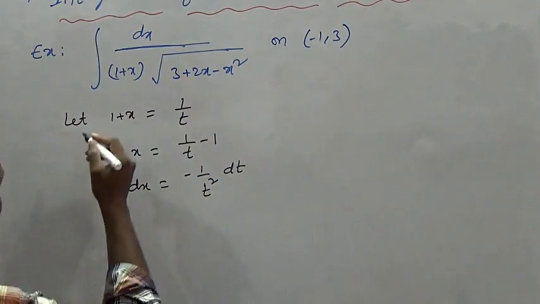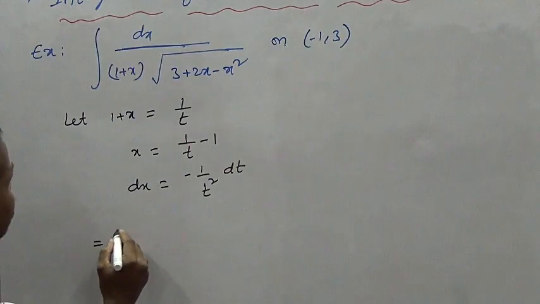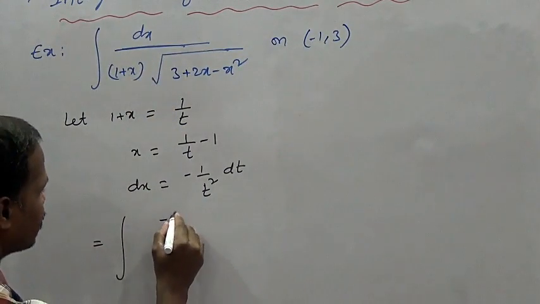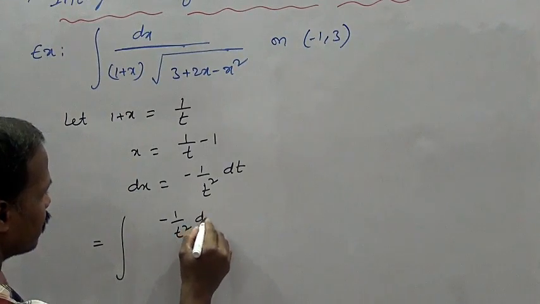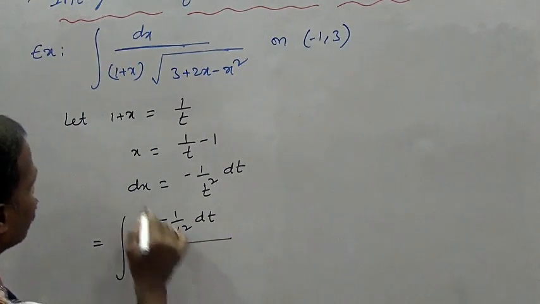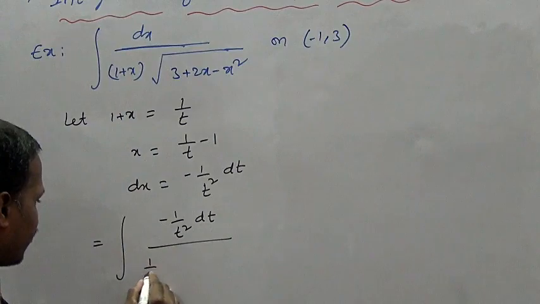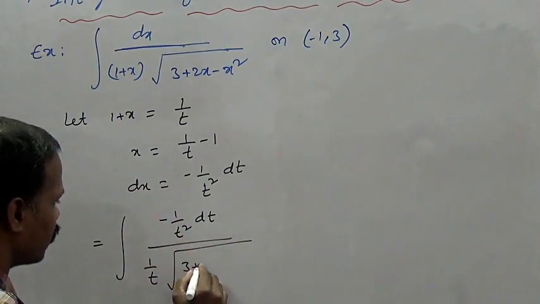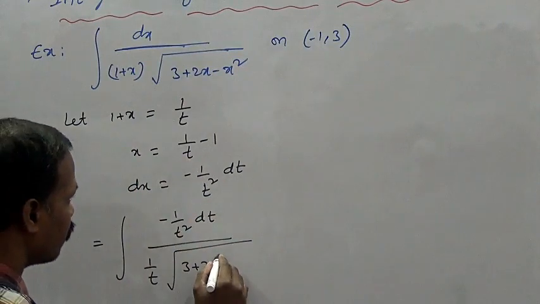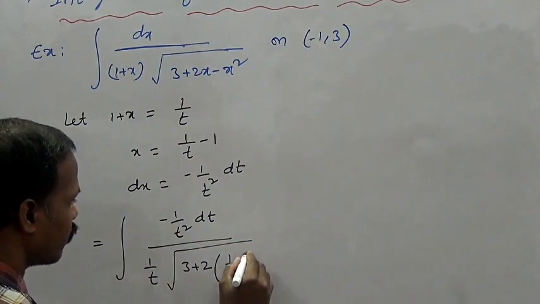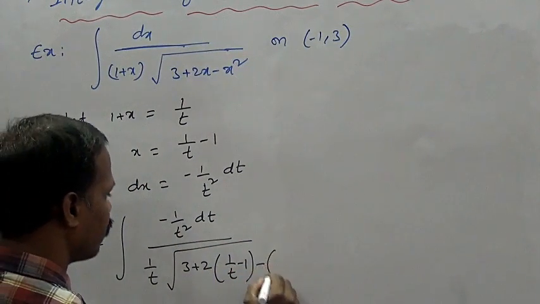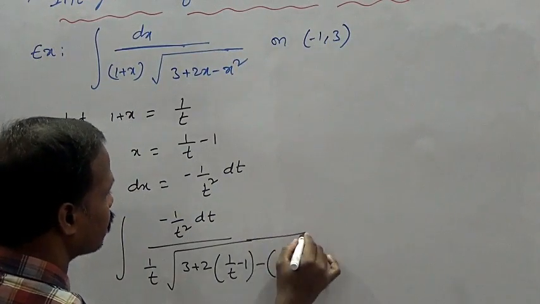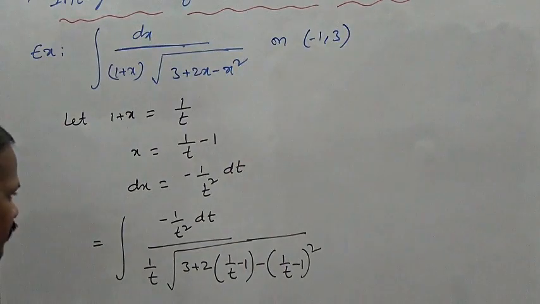Now the problem becomes integral, what is dx? Minus 1 by t square dt by, what is 1 plus x? 1 by t, square root of 3 plus 2 into what is the x value? 1 by t minus 1, minus 1 by t minus 1 whole square. Now simplify this.